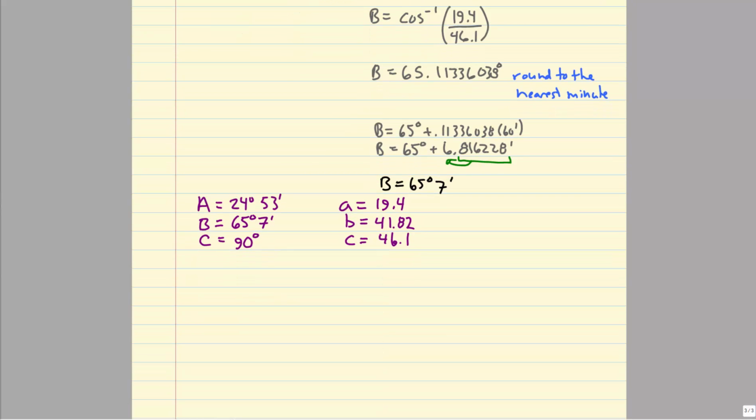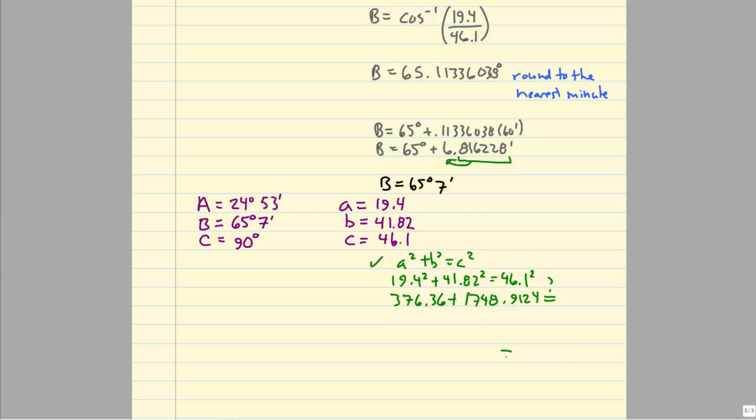Now here's just a quick check. If I wanted to check this, I could say, okay, leg squared plus leg squared better equal hypotenuse squared, if this is correct. And when I add up all the angles, I better get 180 degrees. So that's another thing that I can check. But let's go ahead and look at 19.4 squared. I get 376.36. 41.82 squared is 1748.9124.